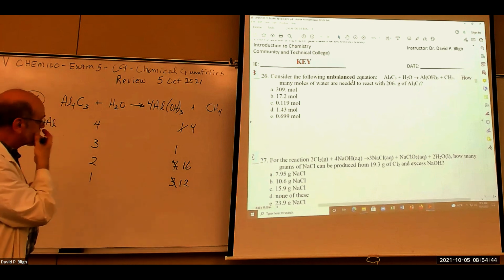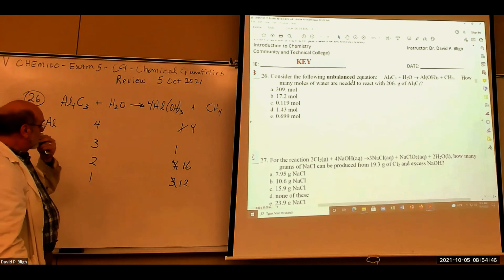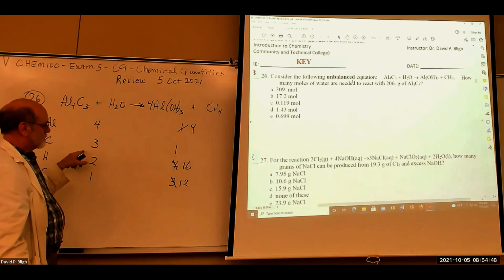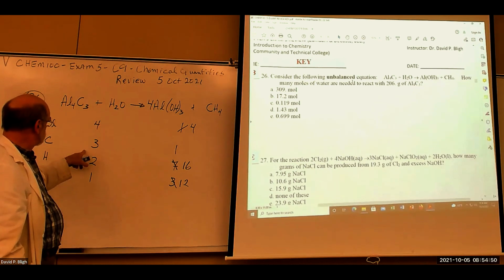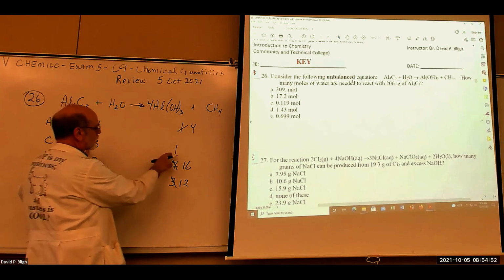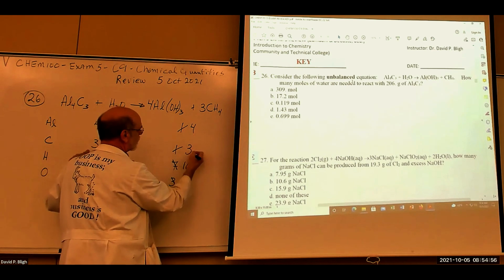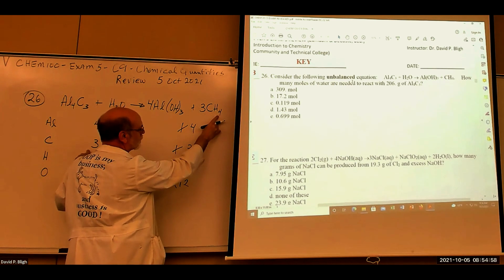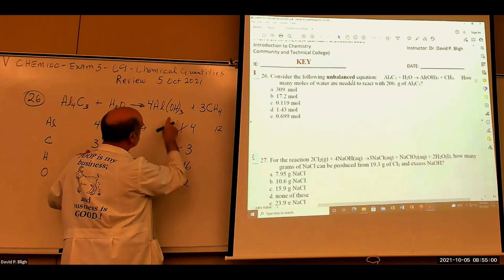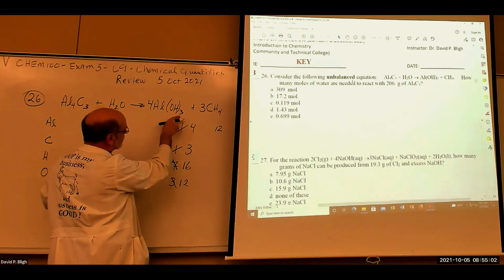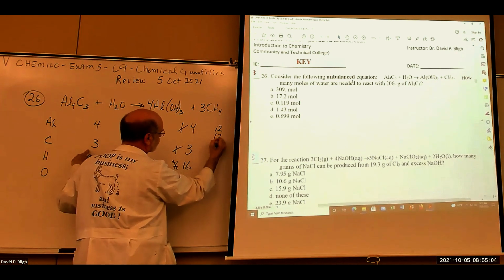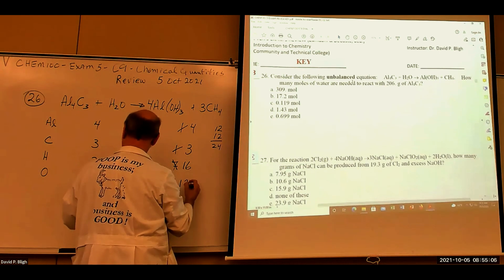Now, what if we do carbons? We need 3 carbons. That gives us 12 hydrogens, and over here we still got 12, so that's 24 hydrogens.